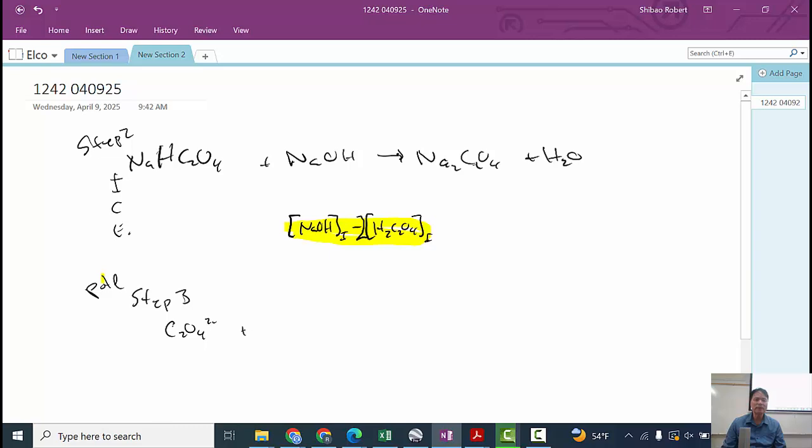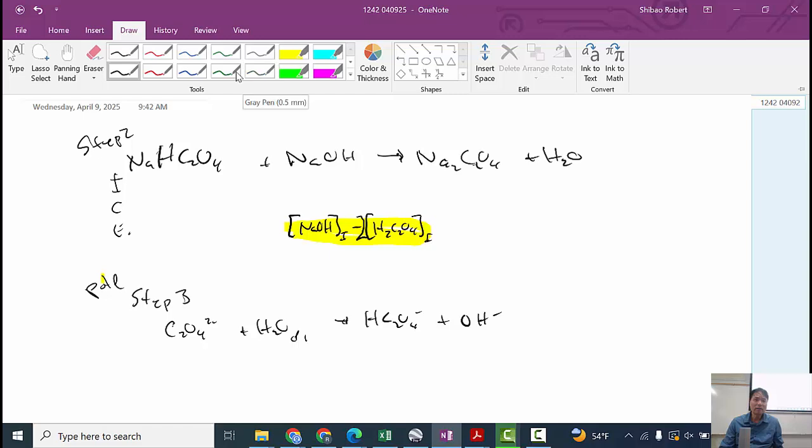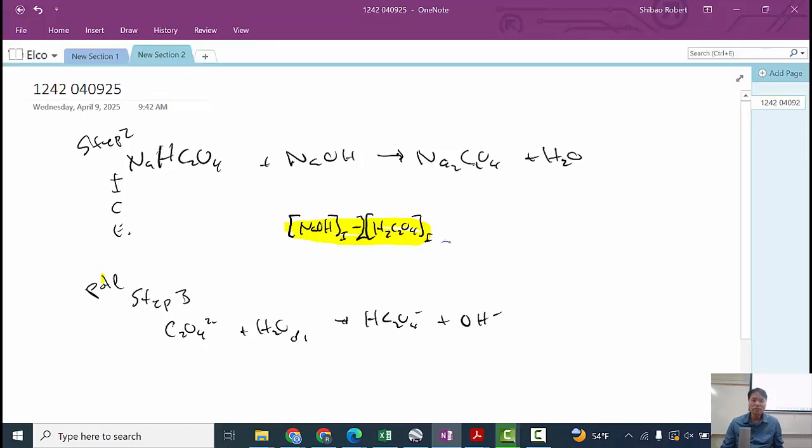The potential step 3 would be oxalate, which is a dibasic base, hydrolyzing water to produce hydrogen oxalate and hydroxide. But due to the common ion effect, with this being our initial sodium hydroxide here, and due to the fact that oxalate is a weak base, but a fairly strong weak base, that's the only problem.